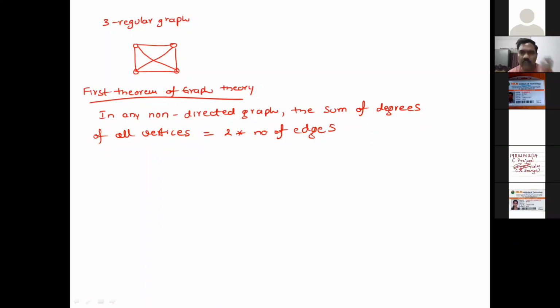You take any non-directed graph and you take the sum of the degrees of all the vertices. That sum should always be equal to 2 into the number of edges.